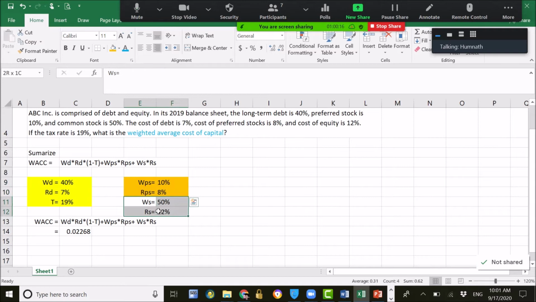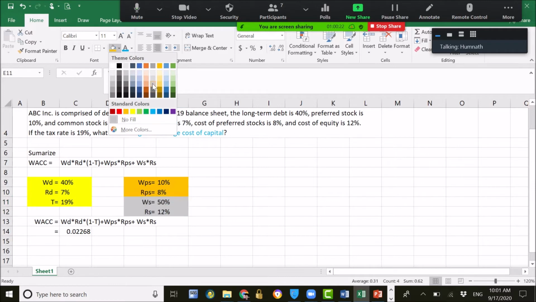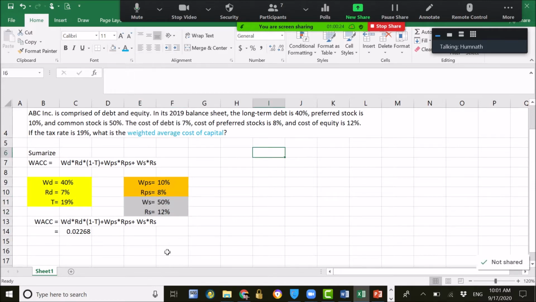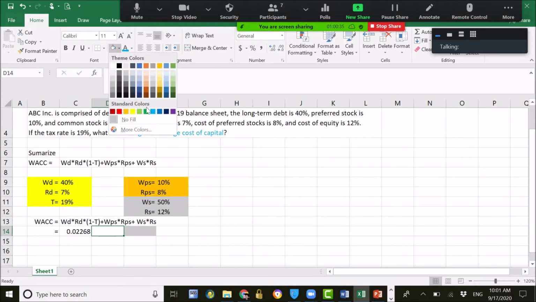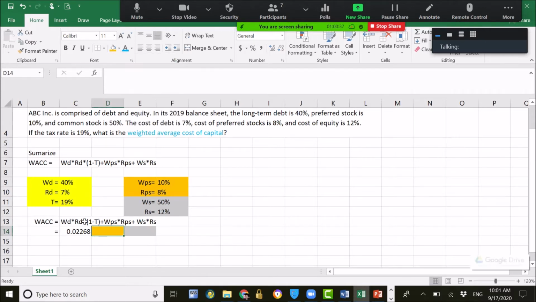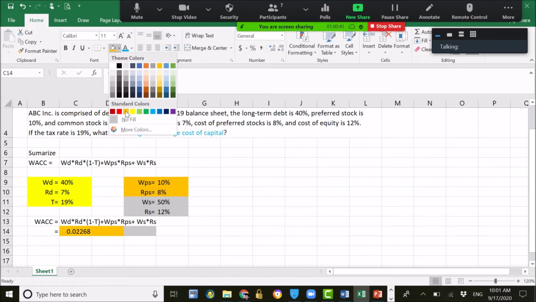Usually it's just 2 sources, debt and equity, but we have preferred stock in this company. All right, we have 3 sources, right? So let me put this one in this color, and this one in this color.